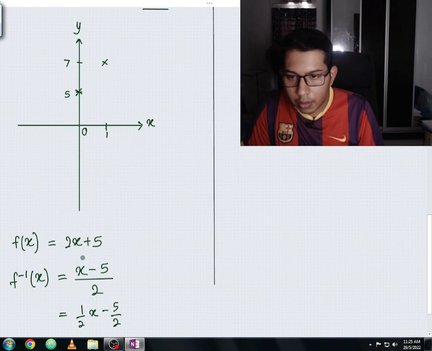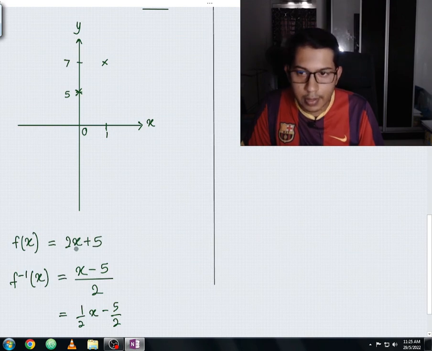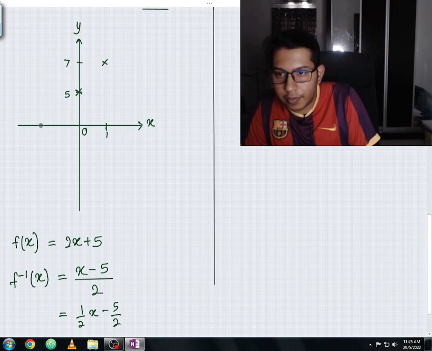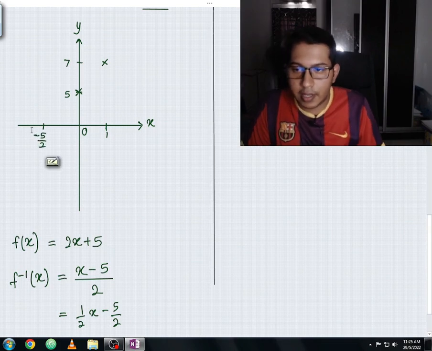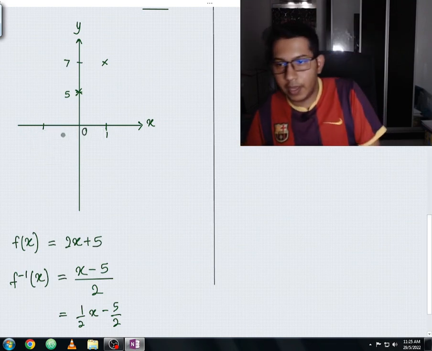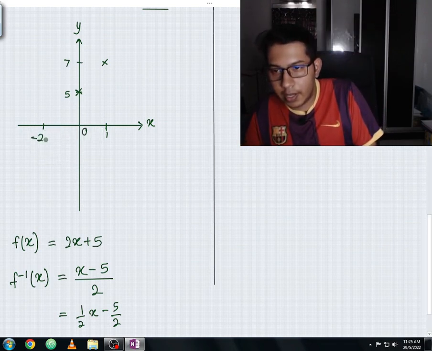So the x-intercept is negative 2.5. You can write negative 5 over 2, or if you want to write negative 2.5 also can. So for your convenience I just write here negative 2.5.